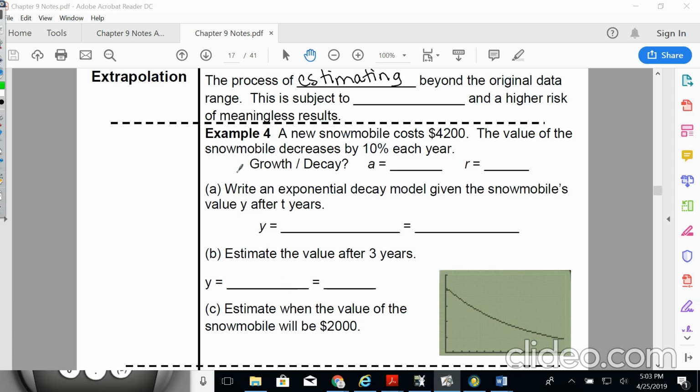So the original data is usually 0 to 5, 0 to 10 maybe, but anything outside of that is subject to uncertainty and a risk of meaningless results. So I could ask you what's the price in 100 years, and the function will tell you the answer, but that really is not going to mean anything because it won't exist or we won't exist. So we don't estimate these things outside of a certain range. Usually that range is 10.